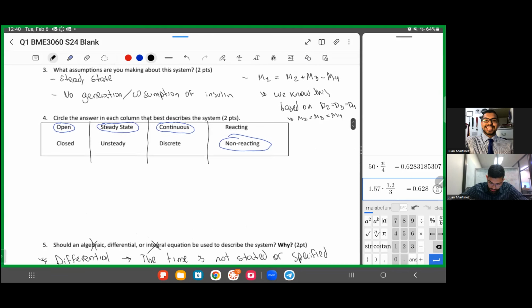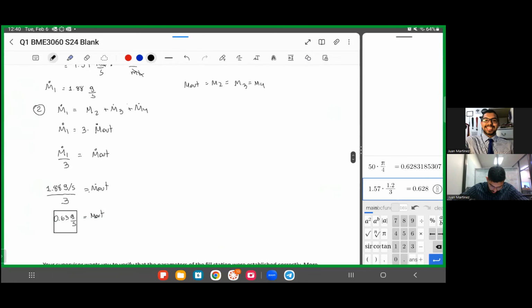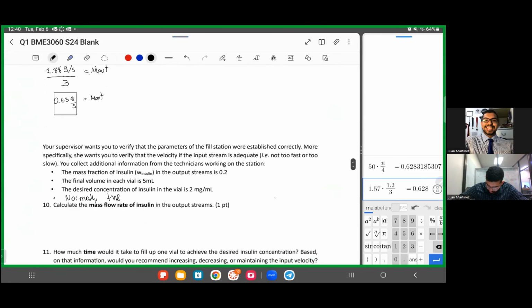So let's say you're in a production line. You have a set of 3 vials over here. Then you have your machine letting some insulin into the vials.